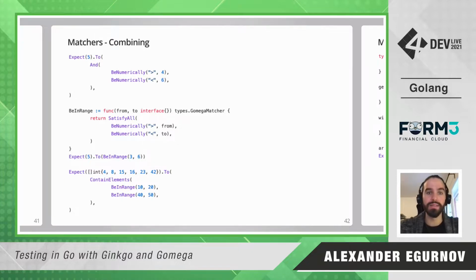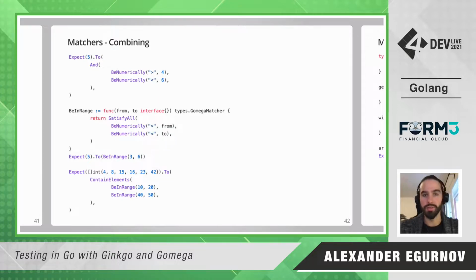It combines two checks in one name, and you can use it with normal assertions, as in expect 5 to be in range 3 to 6, which allows you to extend, actually, right? As I said, it allows you to extend the matcher library with your own matchers.